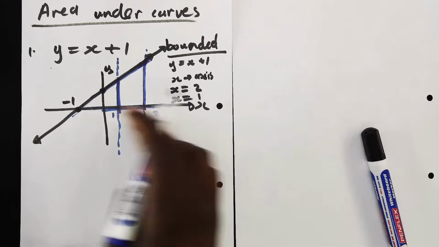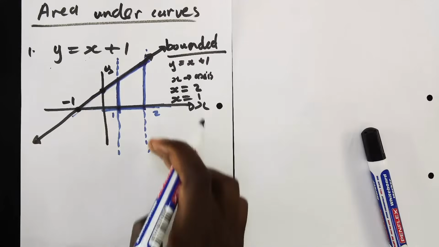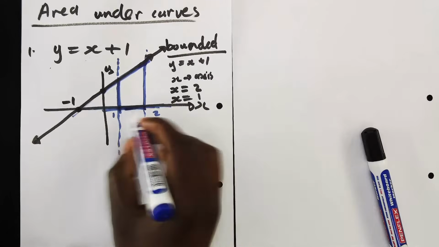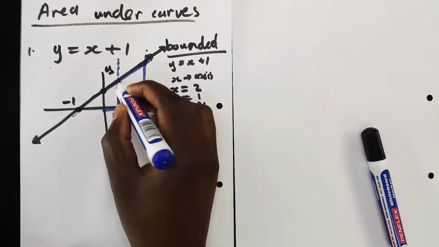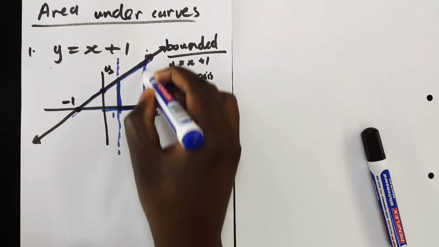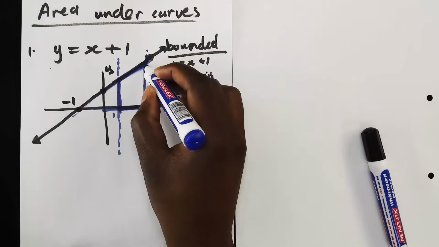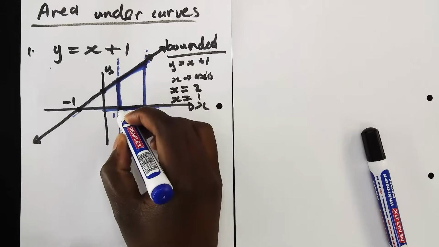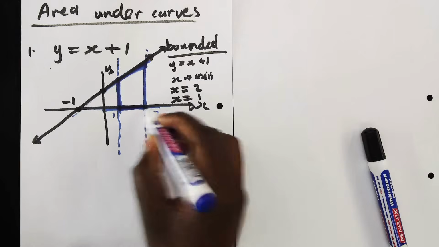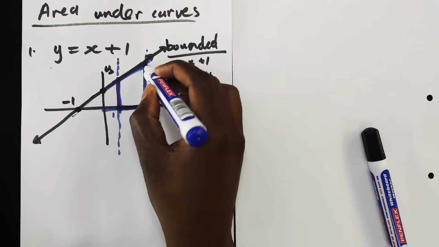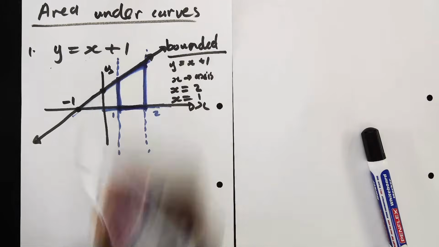If we remove the axes and leave where it's bounded, we'll have this trapezium here. I hope you see. So this is the line y equals x plus 1, this is x equals 1, this is the x-axis, and this is x equals 2. So we have an enclosed area.